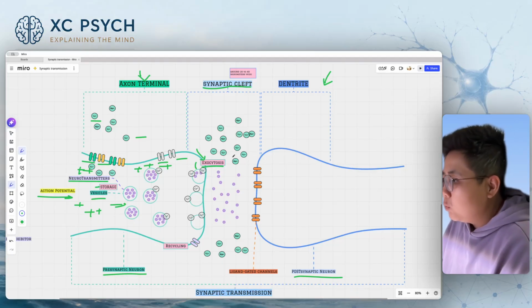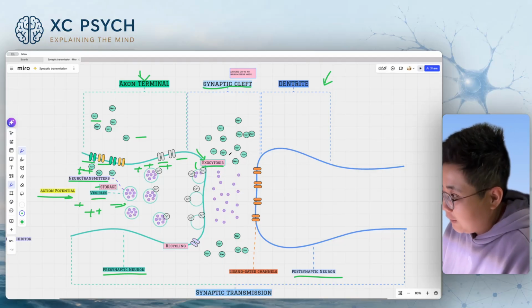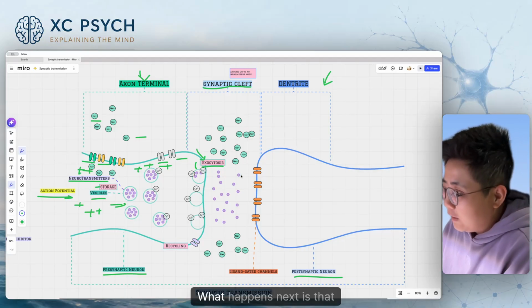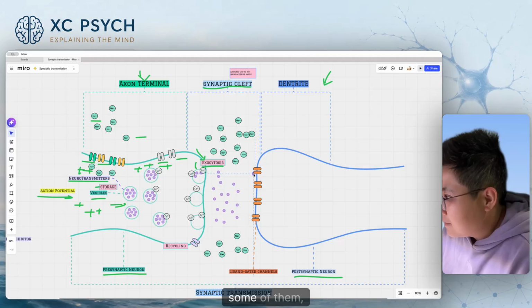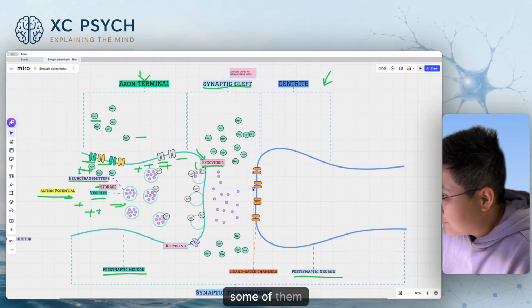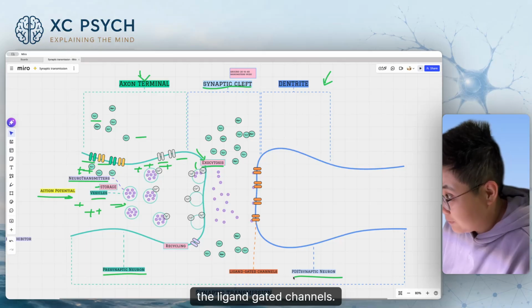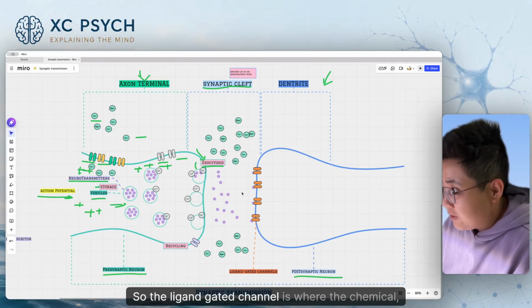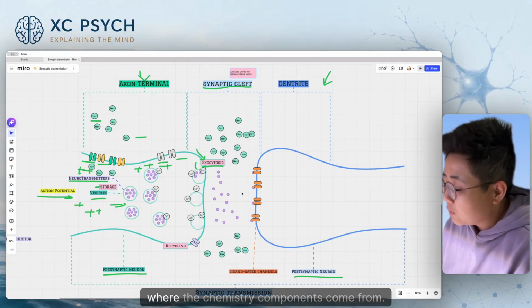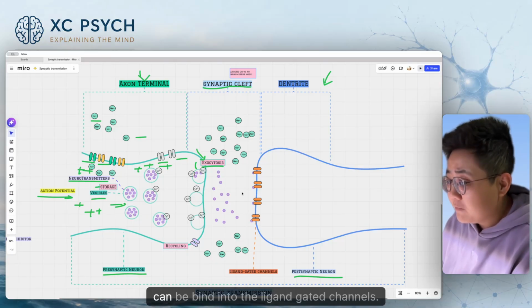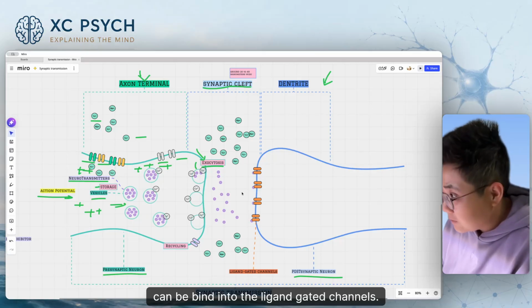And now, with all of the neurotransmitters being released into the cleft, what happens next is that some of them, not all of them, would be binding to the ligand-gated channels. So the ligand-gated channel is where the chemical or the chemistry components come from. Not everything can be bound to the ligand-gated channels.